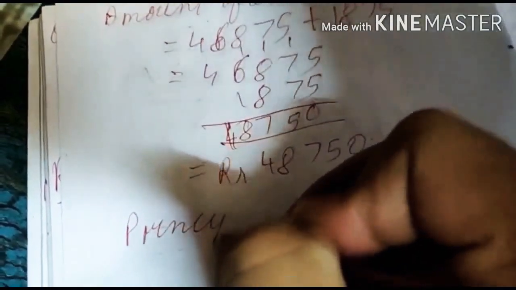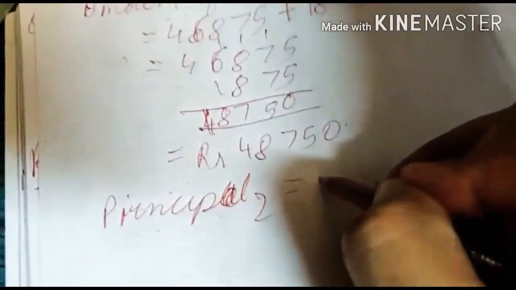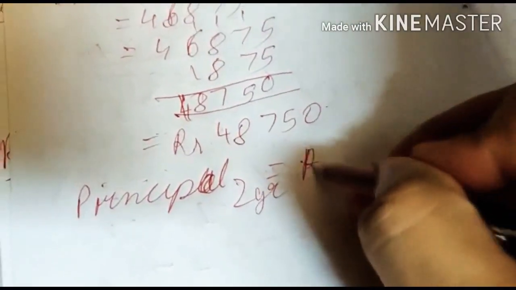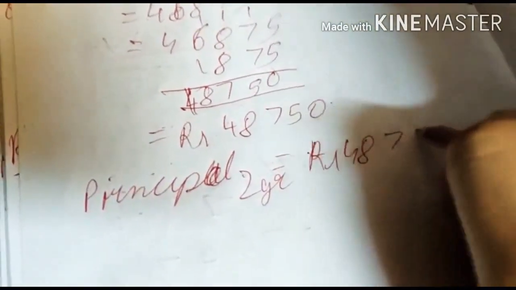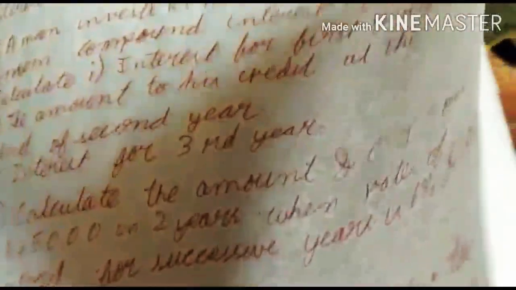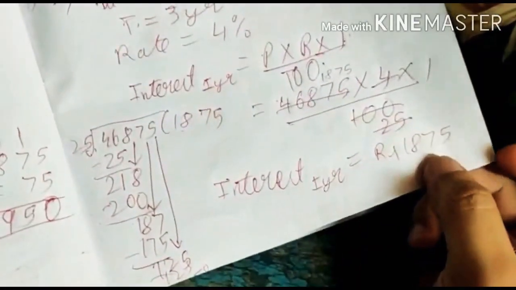This becomes principal 2 for the second year, rupees 48,750. What we had to calculate was the interest for the first year. So interest for the first year comes out to be rupees 1875.